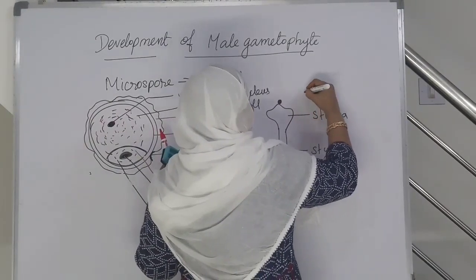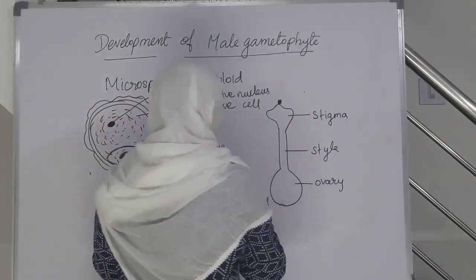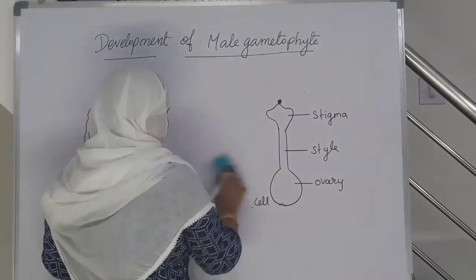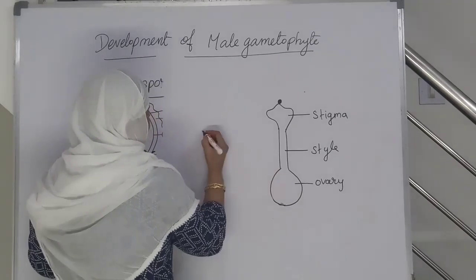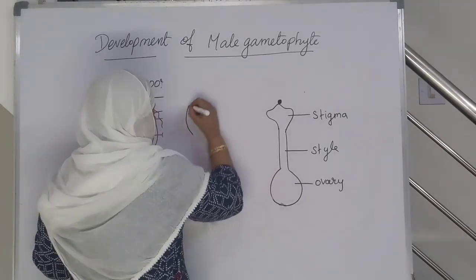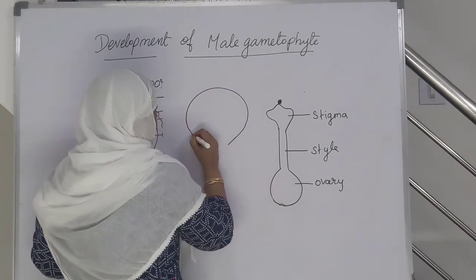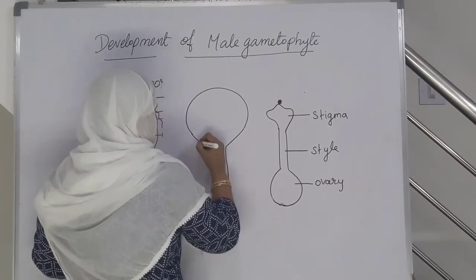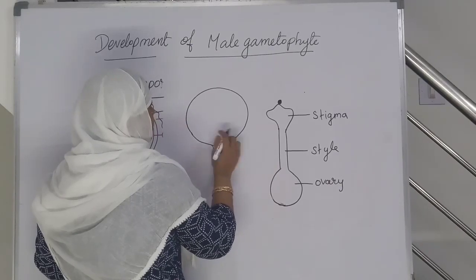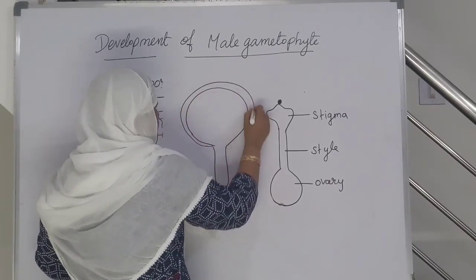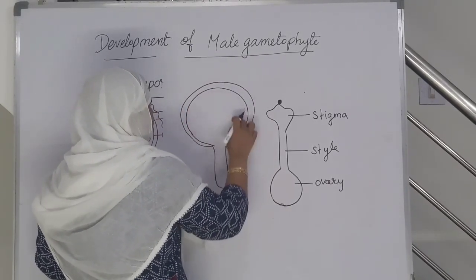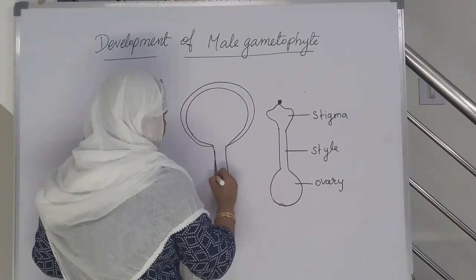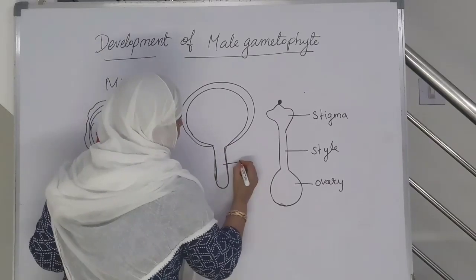Here the pollen grain swells like this. This is the intine of the pollen grain and this is the exine. This intine will rupture here and form a pollen tube.